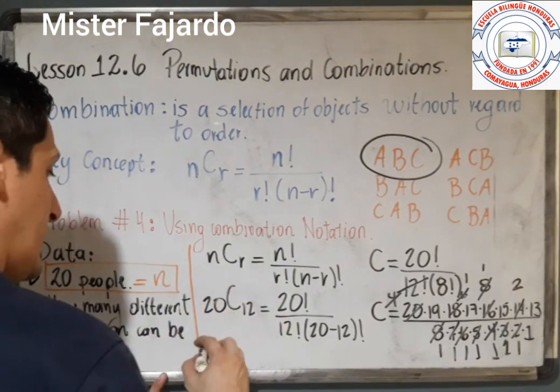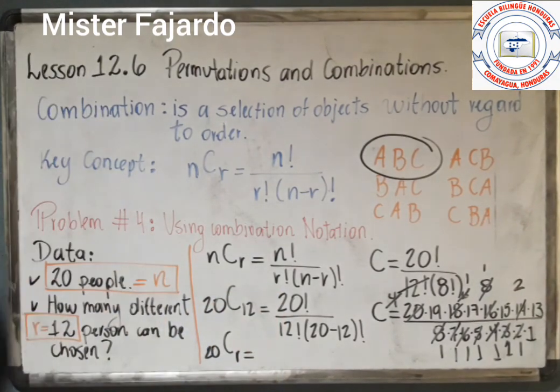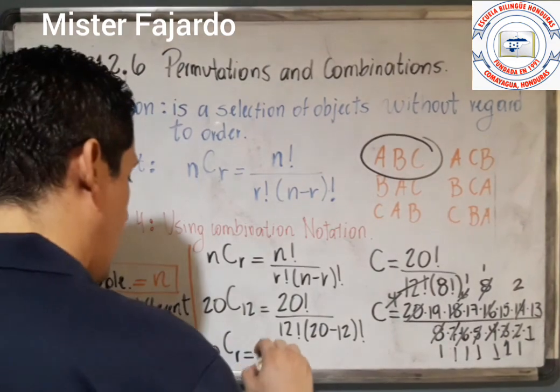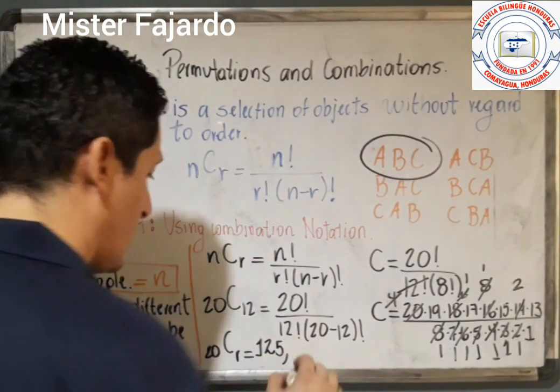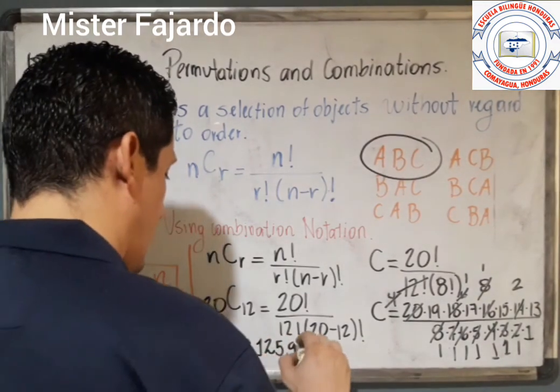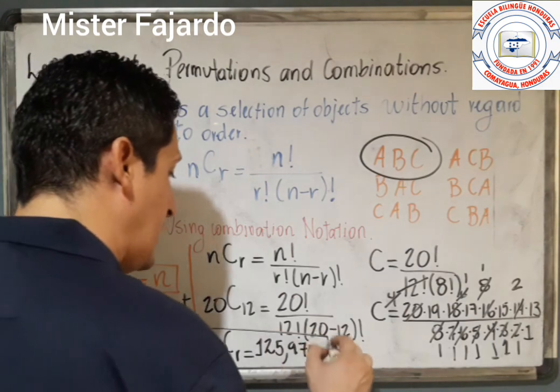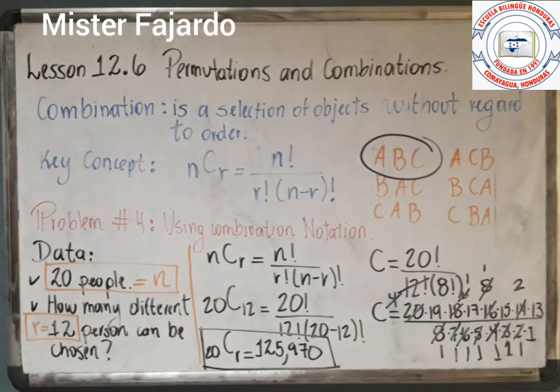If you multiply this, the combinations are going to be equal to 125,907. That's going to be your answer, okay? That's the total combinations that you can use for that amount of people.